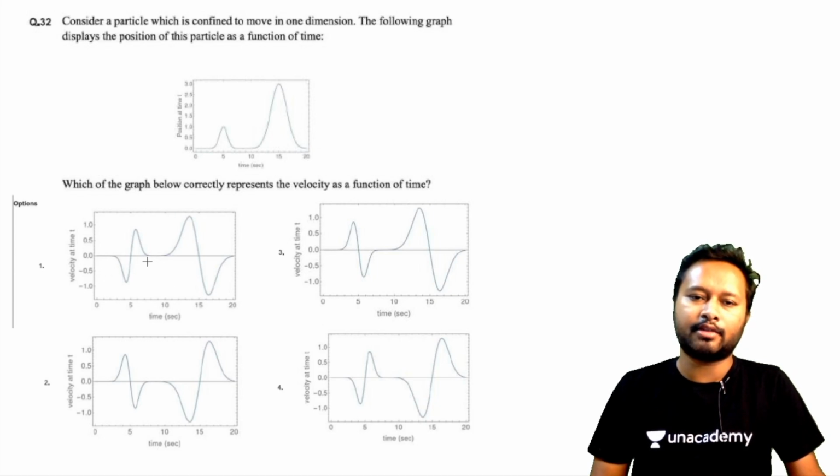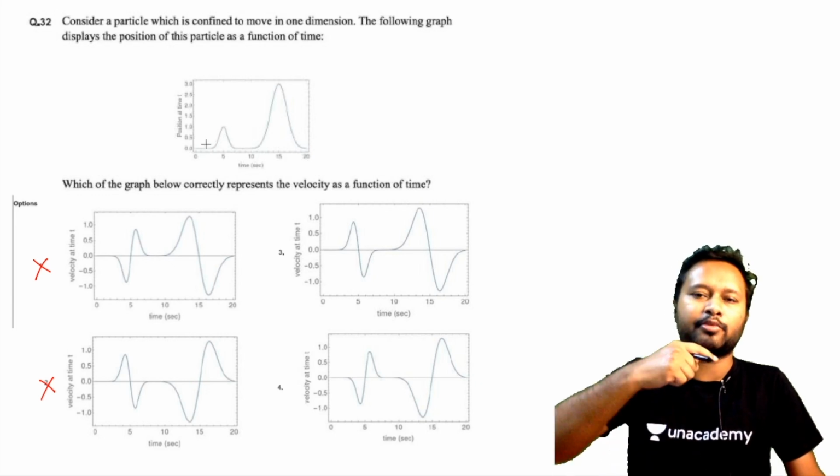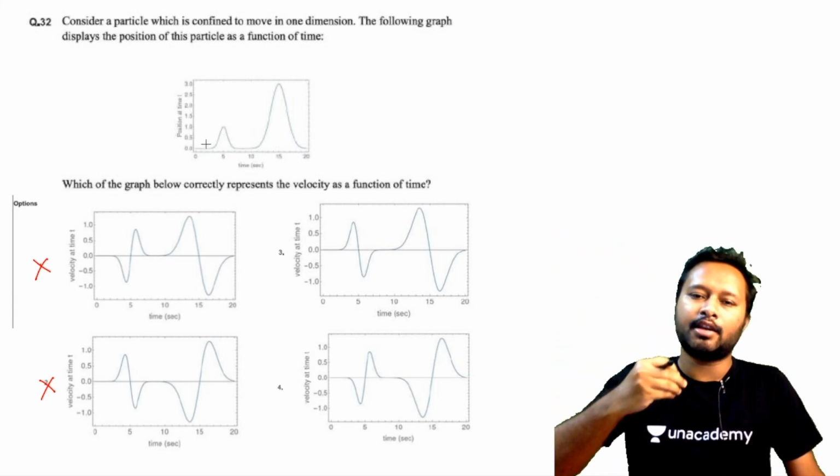But here you can see the velocity is following the reverse pattern. Here it is a different shape, and that shape is reversed here. So that's why the first is not correct. Same goes for option number 2, that also has reverse shapes, so that's also incorrect. Now this can be either option number 3 or 4. Initially the velocity is increasing, because as the position increases with time, velocity increases.